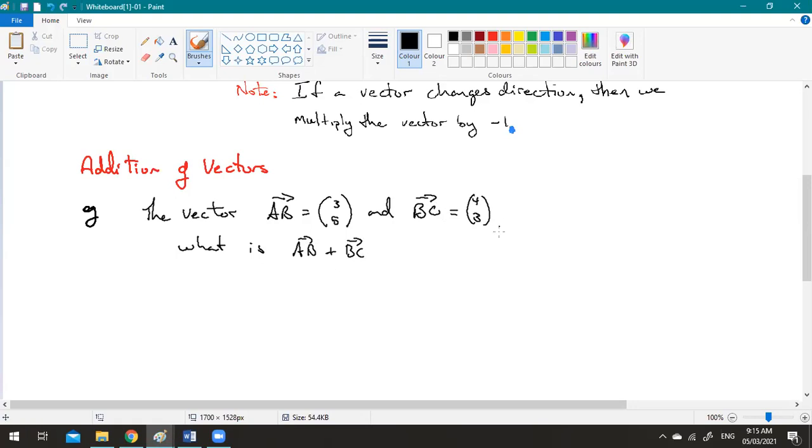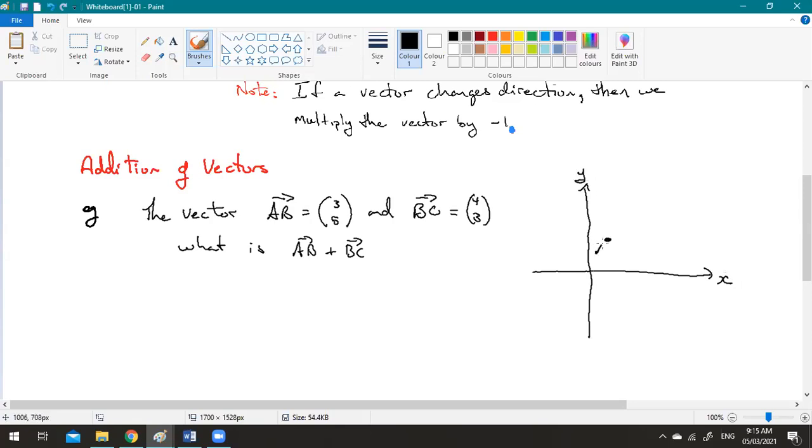Now, if we were to watch this, vector AB equals (3, 5) and the vector BC equals (4, 3). If you had to represent this on a graph, just by sketching it, this will be X, this will be Y.